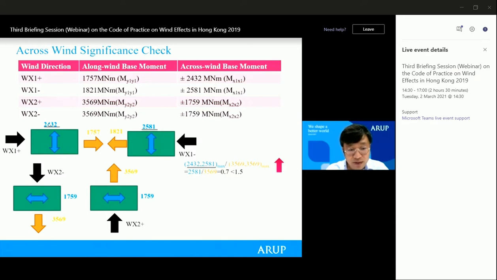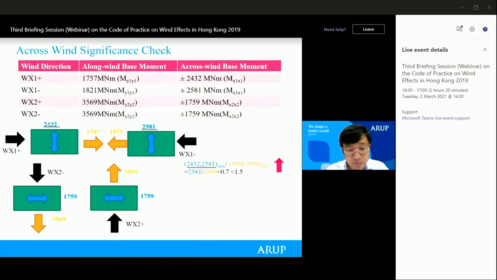And in the same loading direction, so that is very important, for the same loading direction, we pick up the biggest along wind base moment. So that's the bigger one between 3569 and 3569.